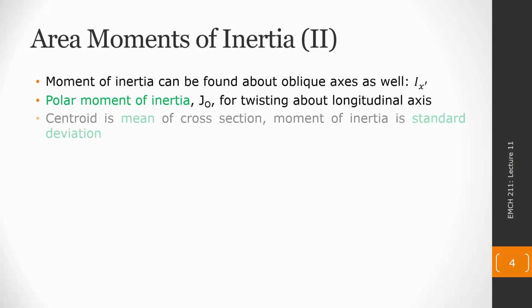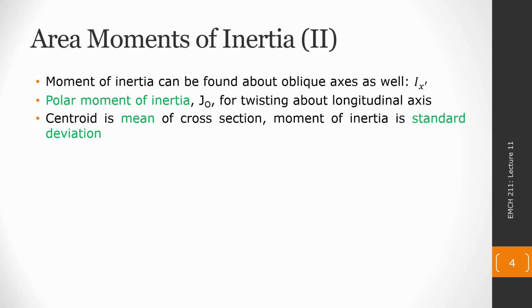We can think about the centroids that we were calculating before as the mean of a cross-section. So on average, where is the area of this cross-section? That's what the centroid was calculating. The moment of inertia, specifically the area moment of inertia, we can think about as the standard deviation of the material.